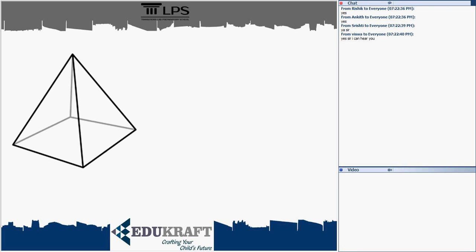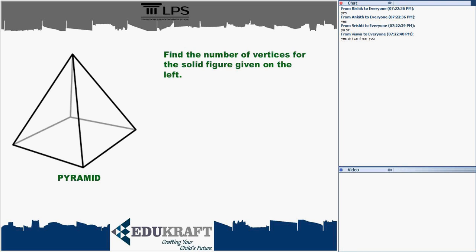What you see here is called a pyramid. Find the vertices of the solid figure given on the left. Type your answer in the chat box.